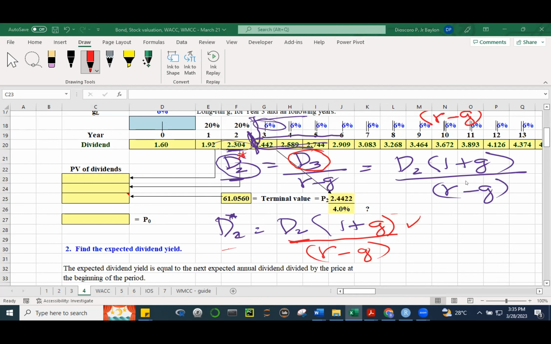My question is this one. You have this dividend, dividends from year 3 up to infinity. How much is the equivalent dividend cash flow of the dividends from year 3 up to year infinity, at year 2, the D2?